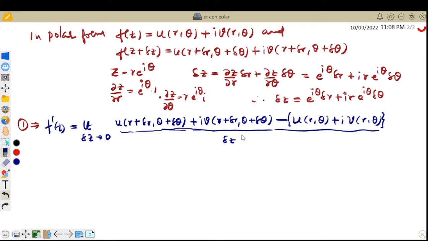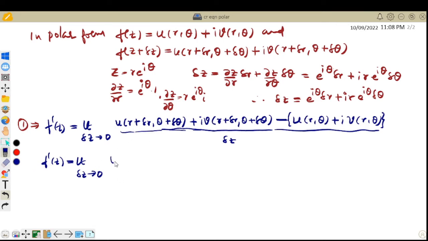Fine. Now I'm going to take real and imaginary parts separately. Real part means u, imaginary part means v.